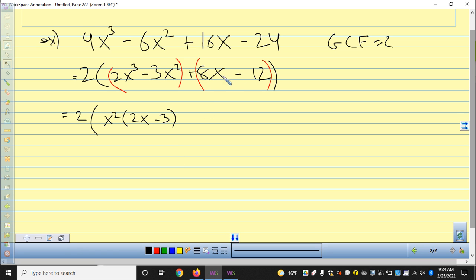And here, the greatest common factor, the biggest number that goes into both 8 and 12 is 4. And what's left when I pull a 4 out of here is 2x. And what's left when I pull a 4 out of here is 3.